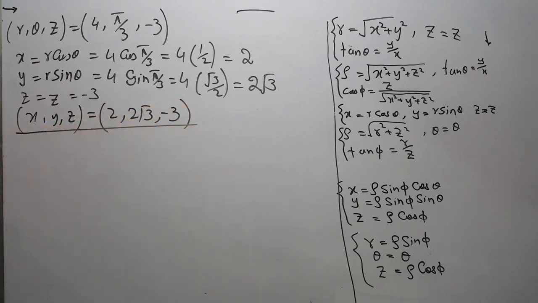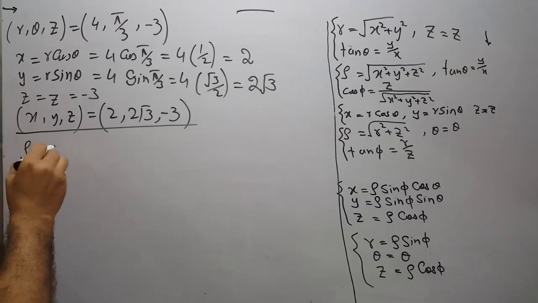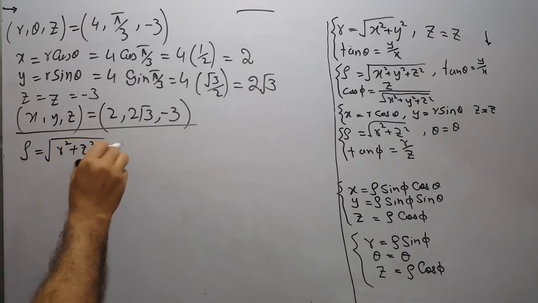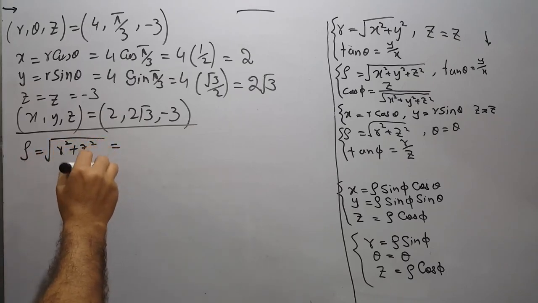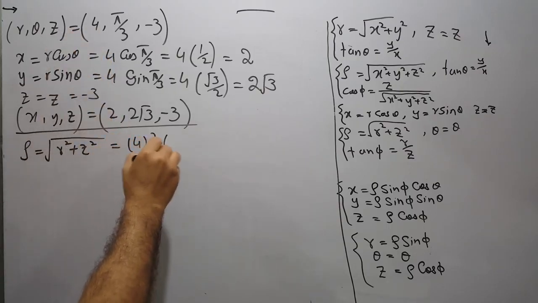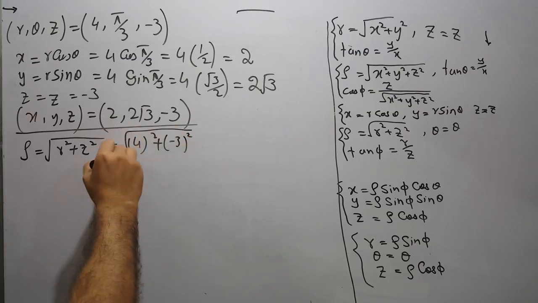Now to transform that into spherical coordinates, rho is equal to the square root of r squared plus z squared. So r is 4, so we have 4 squared, and z is minus 3, so 3 squared.